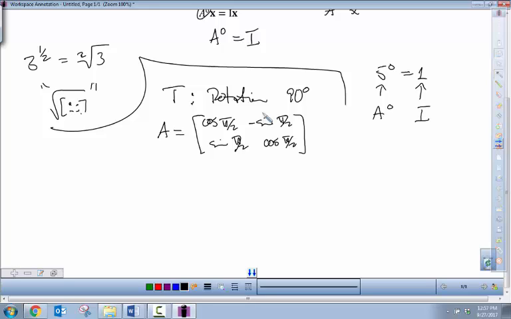Whenever I say just rotation, this is automatically counterclockwise. And then if I do clockwise, then you have to throw a negative sign somewhere.